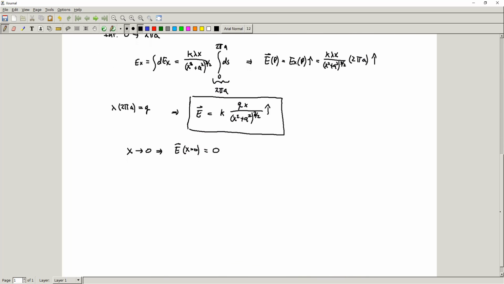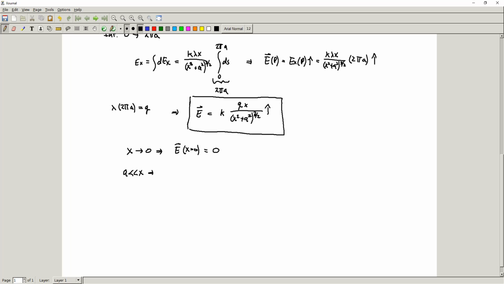Okay, and what happens if a is much smaller than x? I won't actually take the limit here, but you can see that a is basically going to go to 0, and we can divide this through and do it more formally, but just by looking at it, you're going to end up with an x squared to the 3 over 2, so an x cubed in the denominator.